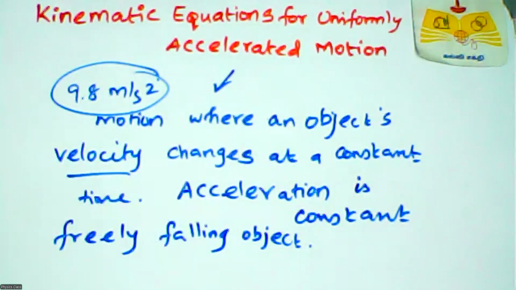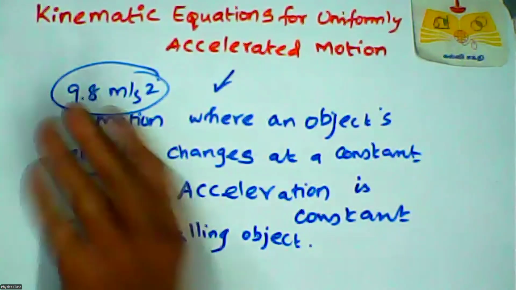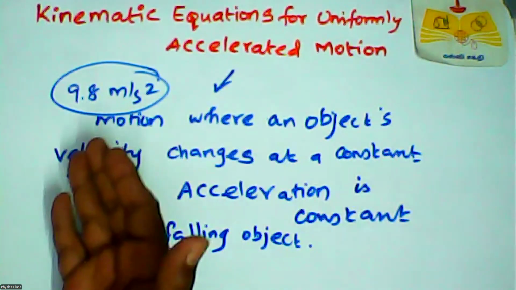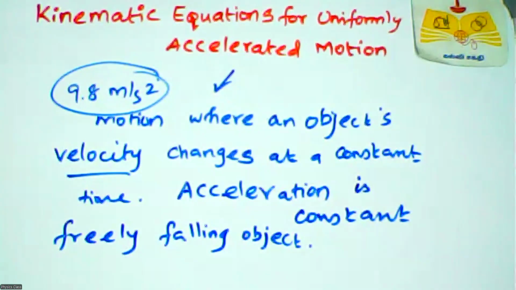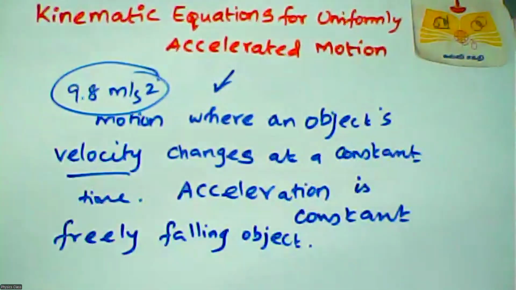Why 9.8 meters per second squared? Why can't we say 10.1 today and tomorrow 11.2 meters per second squared? Why should we not say that? Why do we say gravity is only 9.8 meters per second squared?